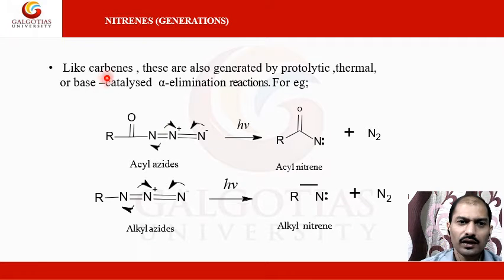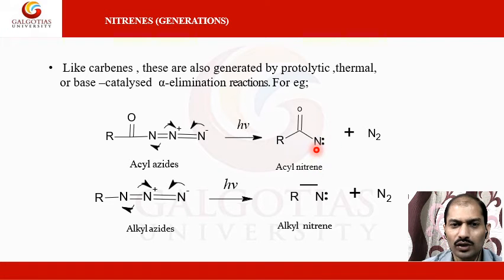As we discussed in the previous lecture, carbenes are generated by protolytic, thermal or base catalyzed alpha elimination reactions, as we saw in carbene formation. Similarly, nitrenes can be formed with the help of protolytic, thermal or base catalyzed alpha elimination. Here this is the alpha elimination, with the nitrogen as the alpha group, with respect to alpha, beta, gamma and so on. Here an acyl nitrene has been formed.